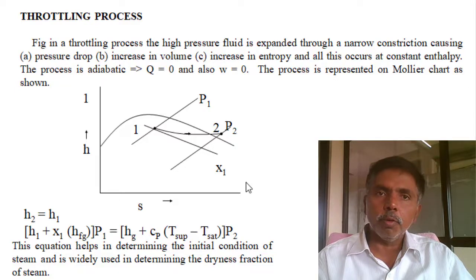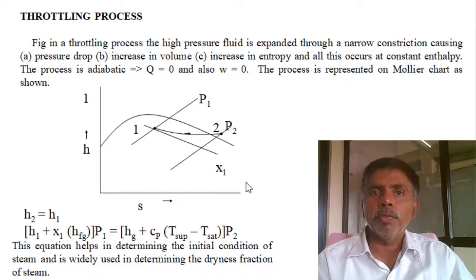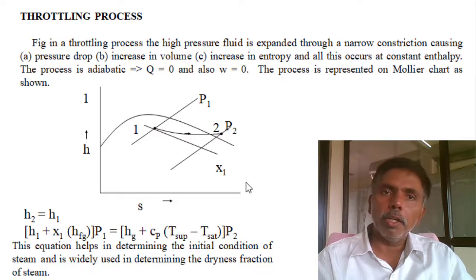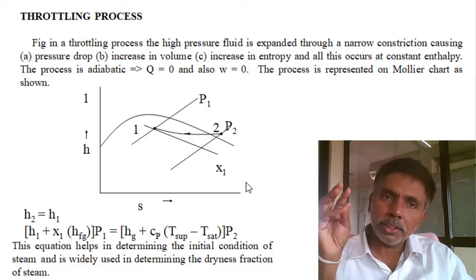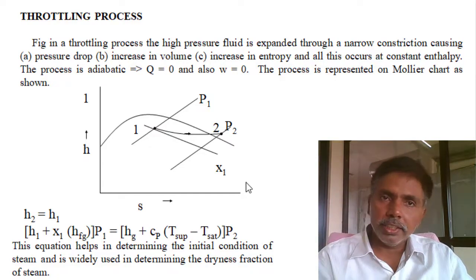For that reason they are reducing the pressure there also. Suppose at 1.01 bar pressure, saturation temperature is 100 degrees. If I reduce it to 0.5 bar pressure, saturation temperature is 89 degrees.